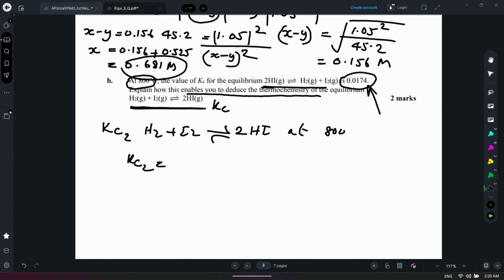Reverse means 1 over the Kc value, isn't it? 1 over 0.0174, which is 57.5.